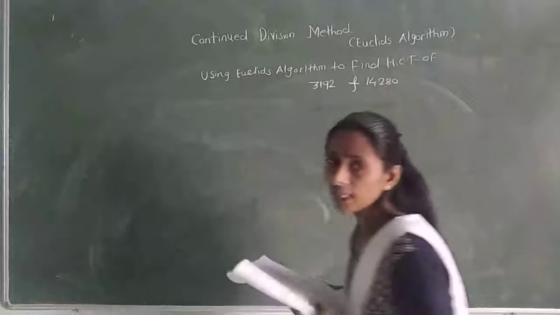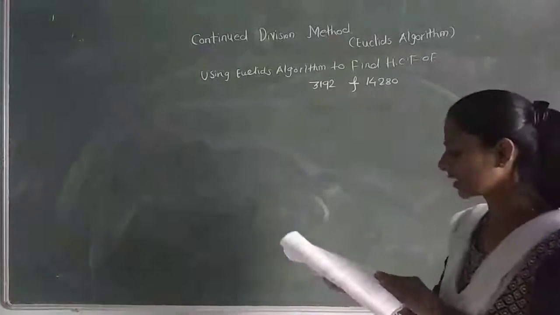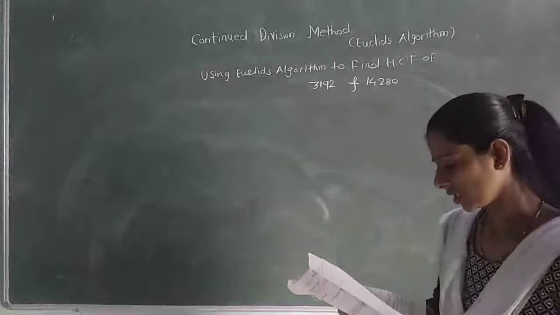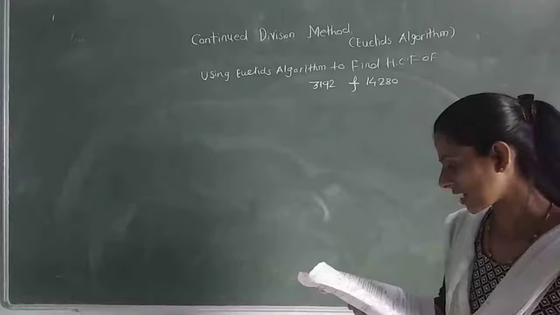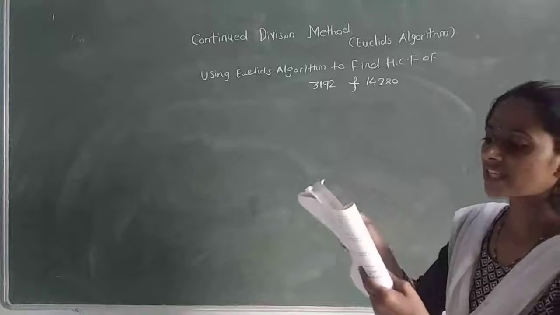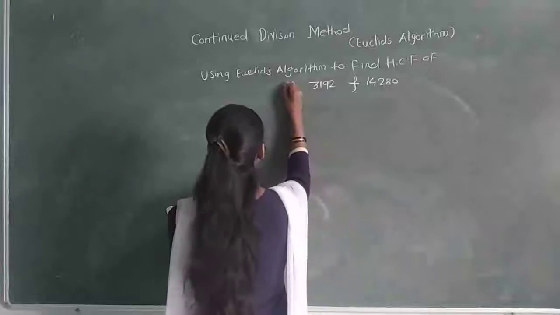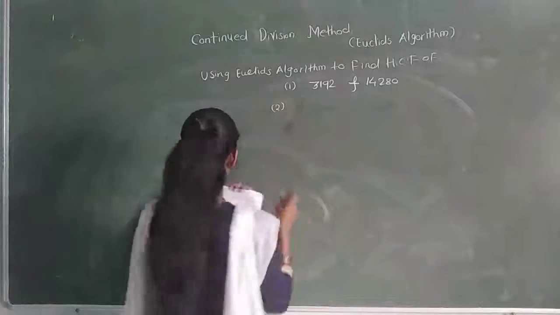Okay, so which number is greater? 14,280 is the dividend and 3,192 is the divisor. Okay, same. Determine the SCF of the following numbers by using Euclid's algorithm. This is the first homework. Second homework.